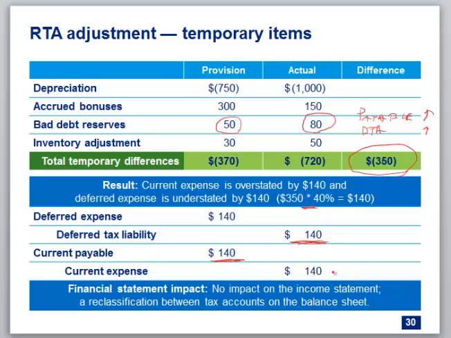So I need to book DTLs, right? I got my DTLs here, and I'm going to correct my current year payable. This current expense and that deferred expense, those wash. So that current deferred really only matters from a disclosure perspective, but on a net provision and an ETR basis, it does not matter.